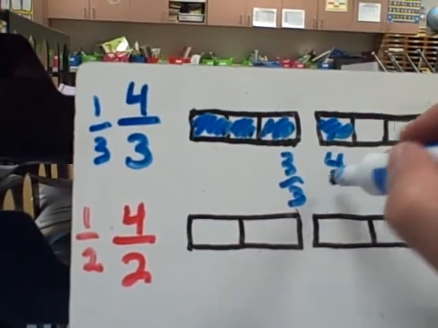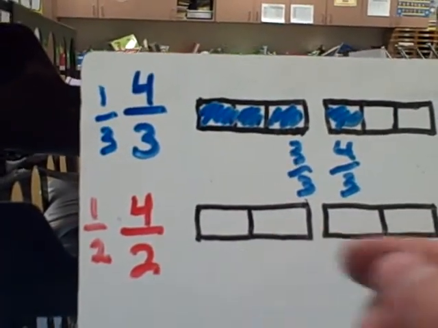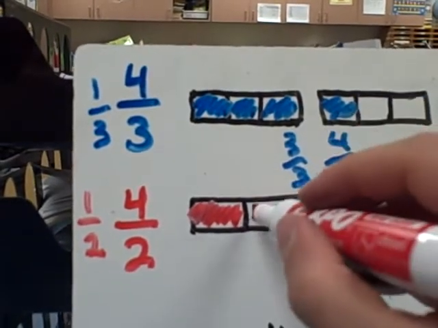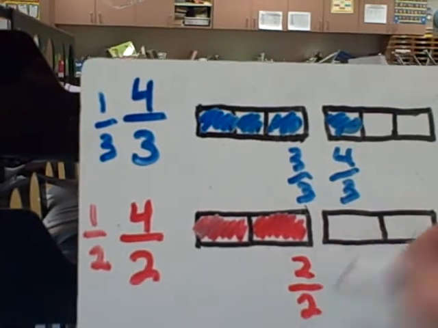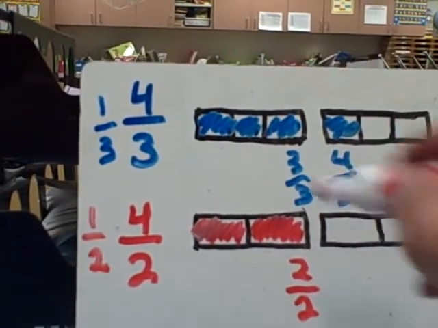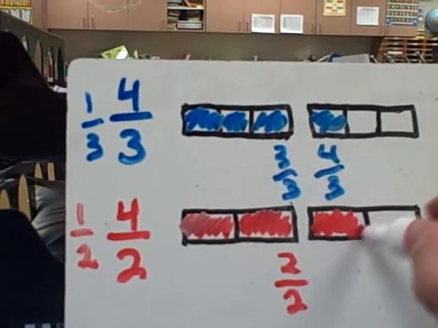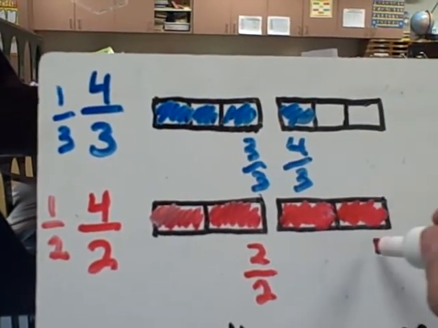And there is your 4/3. Now let's try 4/2. 1/2, 2/2, there's your whole. And it looks like, again, we're greater than a whole because we have to keep counting our halves. 3/2, and 4/2.